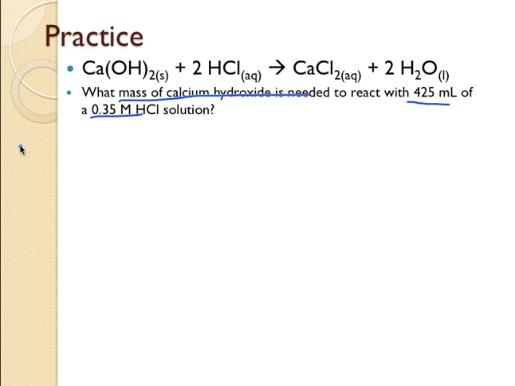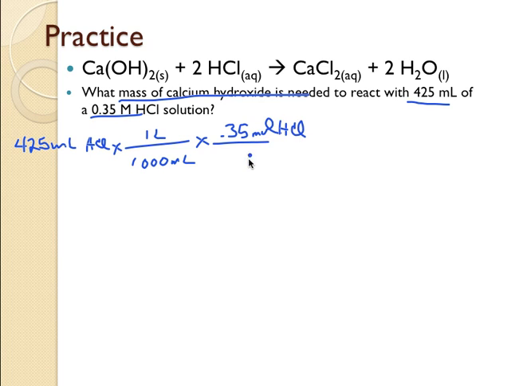So let's get started. I have 425 milliliters of hydrochloric acid solution. I have to get this to liters so that then I can use the molarity, 0.35 moles of hydrochloric acid in 1 liter. That gets me to moles of hydrochloric acid. For every 2 moles of hydrochloric acid, I have 1 mole of calcium hydroxide.